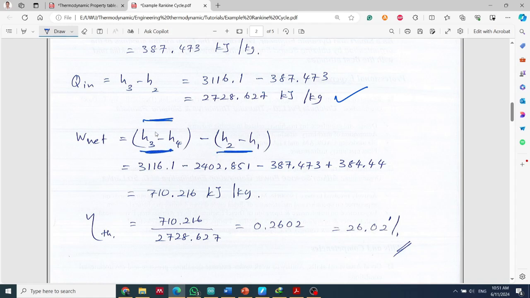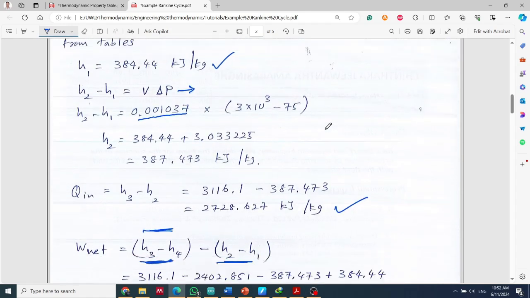We have calculated all the values, therefore simply substitute and we find W net equal to 710.26216. Then the same way we can find the eta value by substituting those values. This becomes 26.02 as a percentage. So that is the eta value. So that's how we can work on this example.